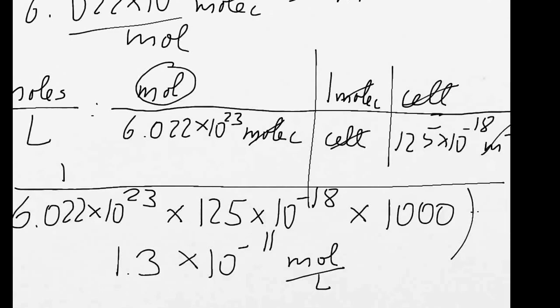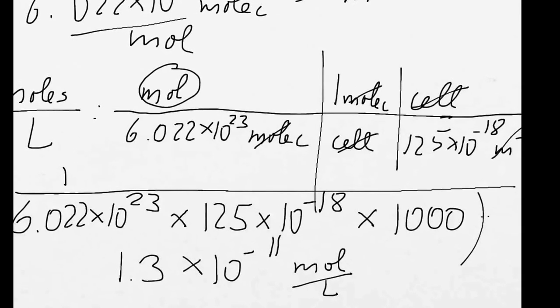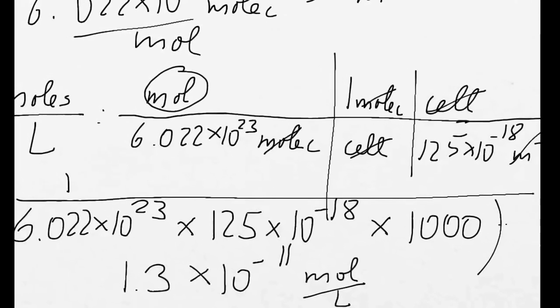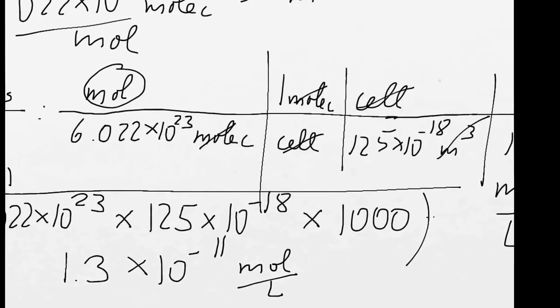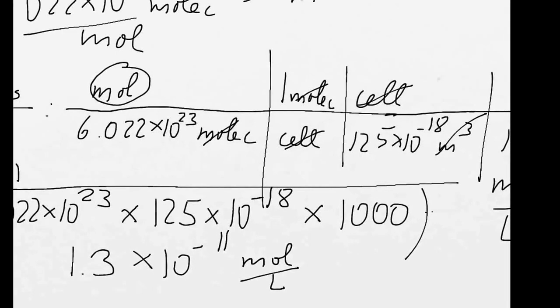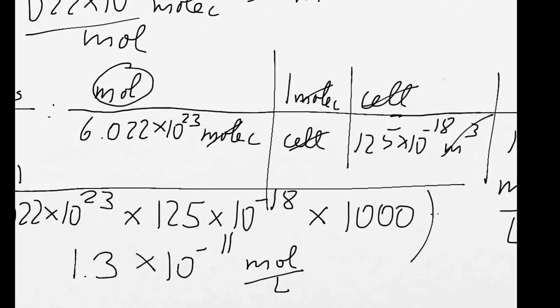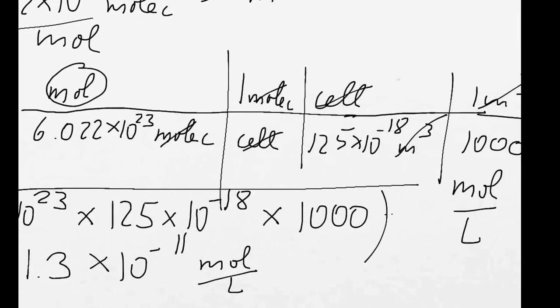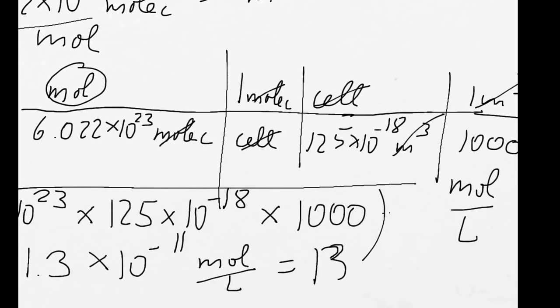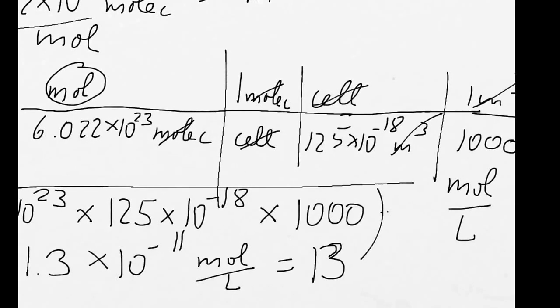Or you can write that in a different form. Do you get that? 1.3 times 10 to the minus 11? Or you can write this also as 13 times 10 to the minus 12 molar.